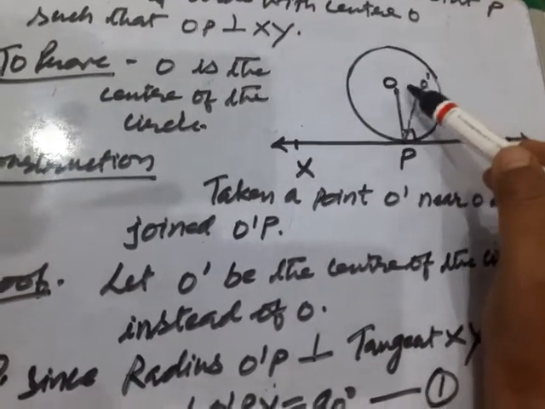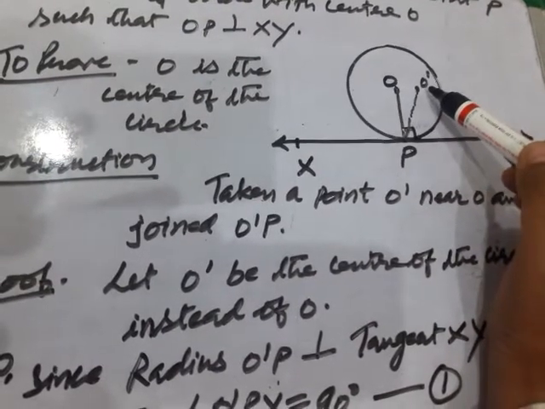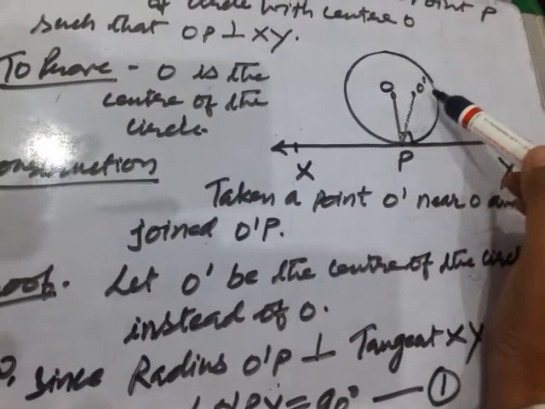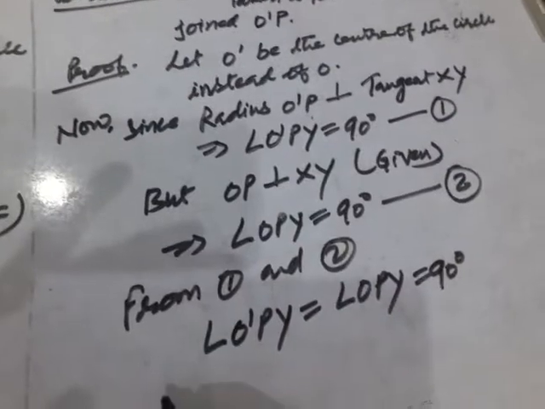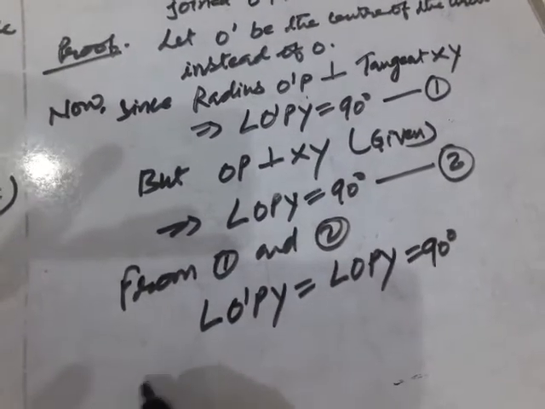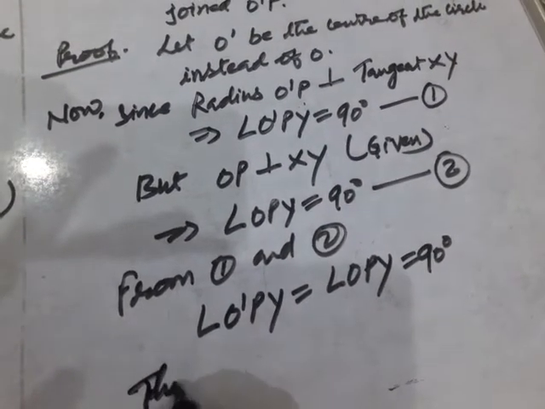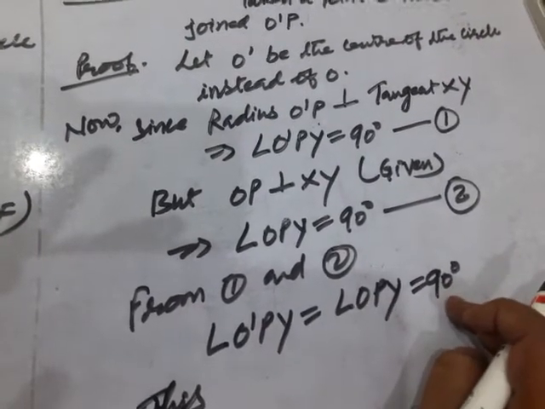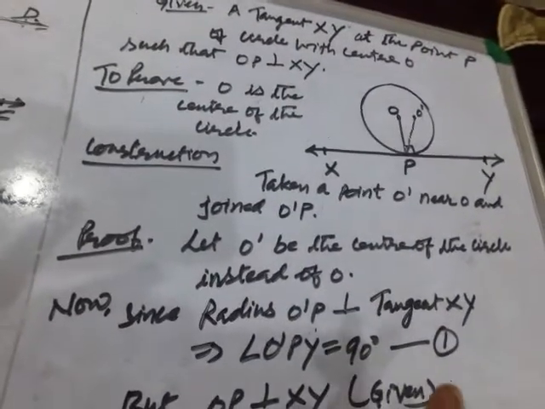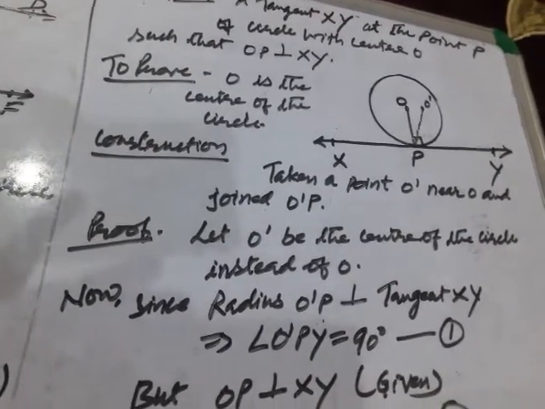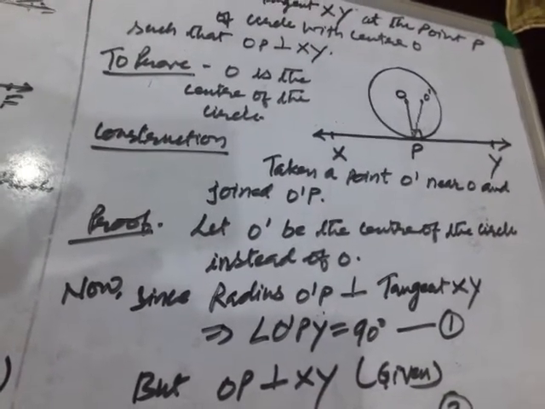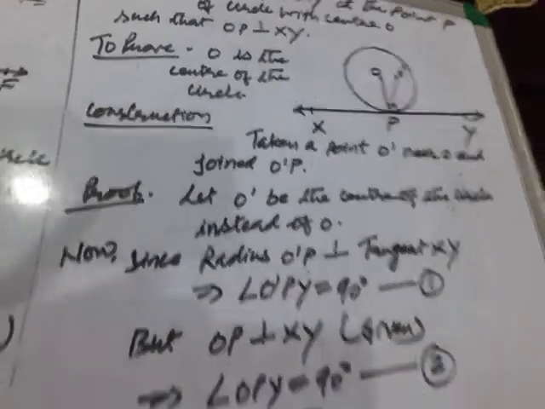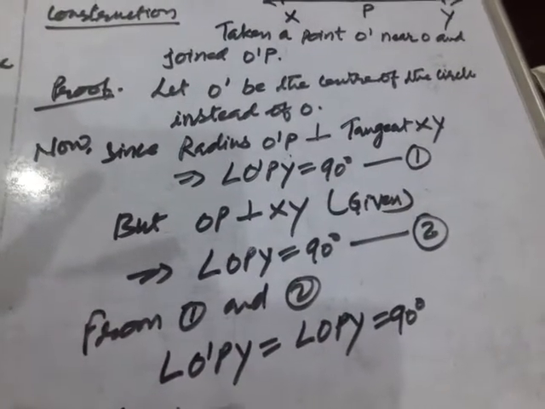It means that O and O dash are not different points, they are the same point. Write down: O dash PY and OPY both are 90 degrees. It means O and O dash are the same point, with different names, and they are coinciding with each other.